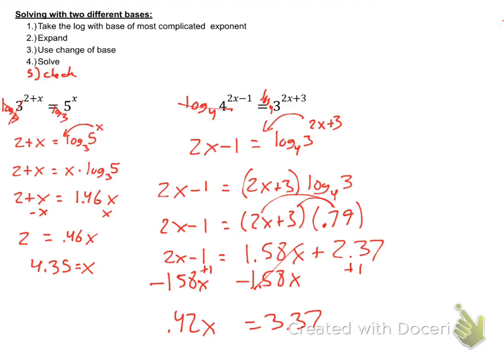Divide 3.37 by 0.42, and x is going to equal 8.02. These numbers are going to be kind of wonky, right? They're not our usual nice, neat 1, 2, 3, 4s, and we've been trying to get away from that in this book throughout the whole year. So it's not always nice and easy.